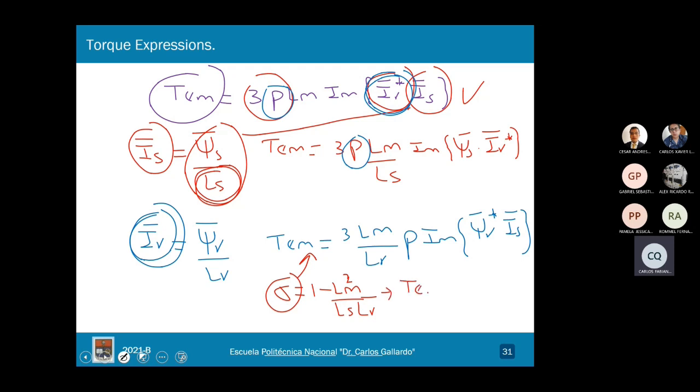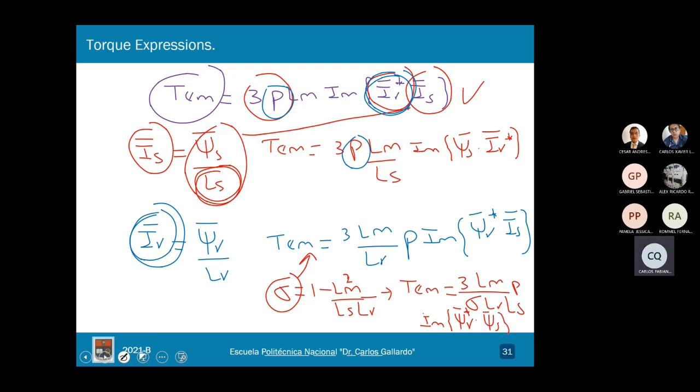So the electromagnetic torque is equal to 3 times the magnetizing inductance over the leakage coefficient times the rotor inductance times the stator inductance, times the number of poles, times the imaginary part of the conjugate of the rotor flux phasor times the stator flux phasor.